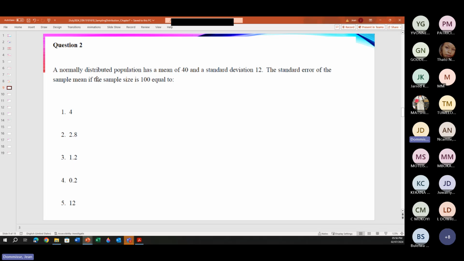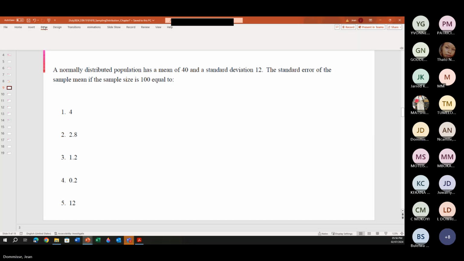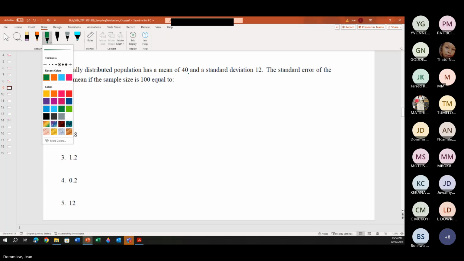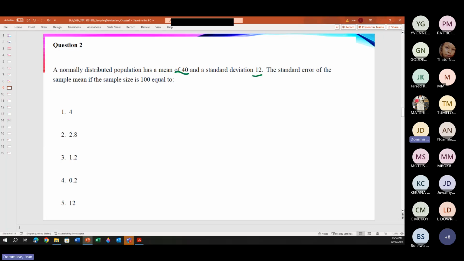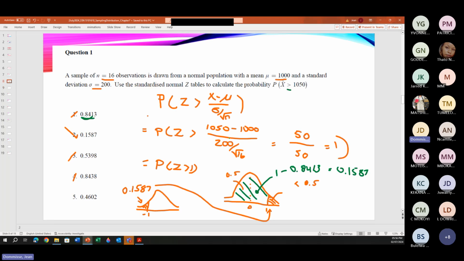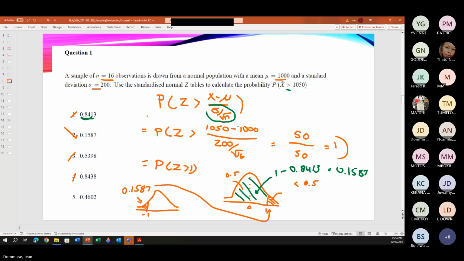But what they also do is sometimes they give you the information. So they tell you we've got a sample mean of 40, we've got a standard deviation of 12, we've got the sample size, and then they throw in, but all that you need to actually work out is the standard error. So all that you need to work out is that piece, the standard error.